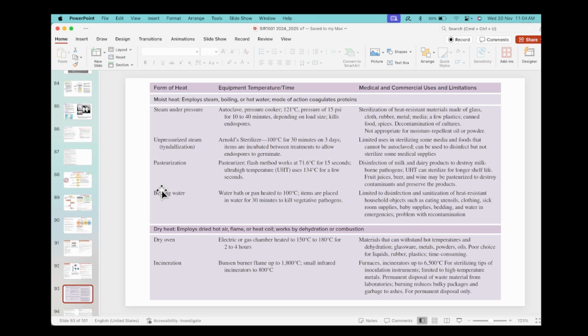Pasteurization is mainly for the food industry. Okay? You see that it's for milk and dairy products, pasteurized. I'm sure you've seen pasteurized milk. You have ultra high temperature treatment. You also have sterilized.